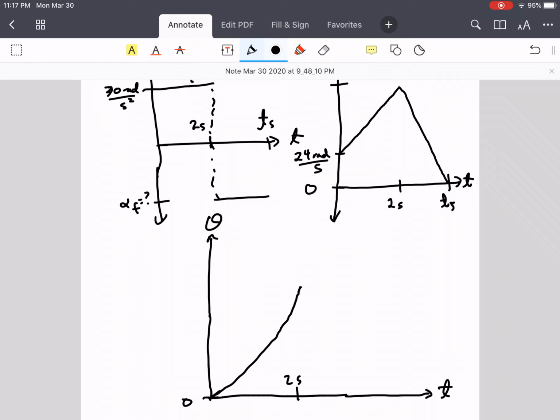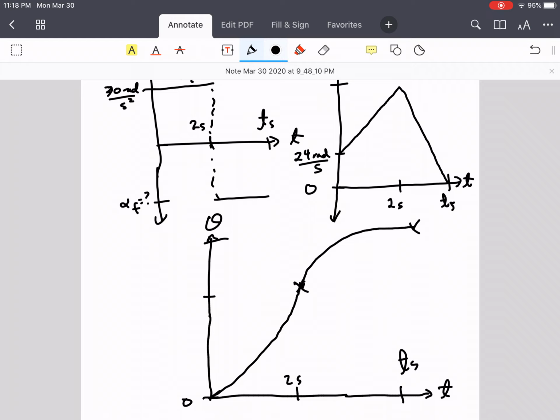I have this increasing parabola. Then a breaker trips and I decelerate. So here's the tripping of the breaker. I continue along, I decelerate and eventually I come to a stop, meaning my slope hits a 0 value. So this is t stop when I'm done at the end of the day.